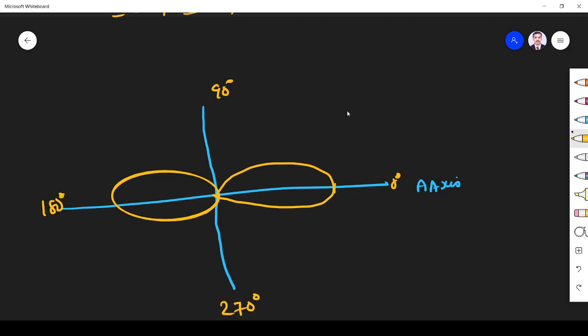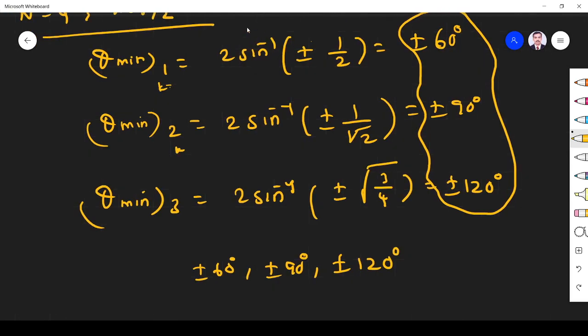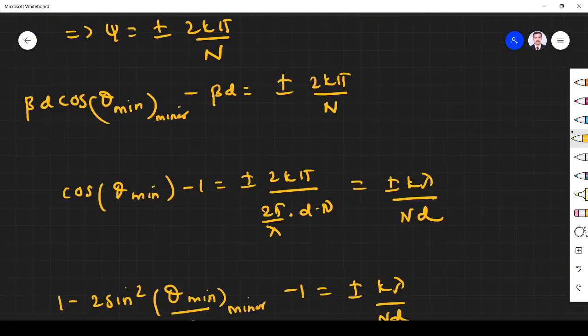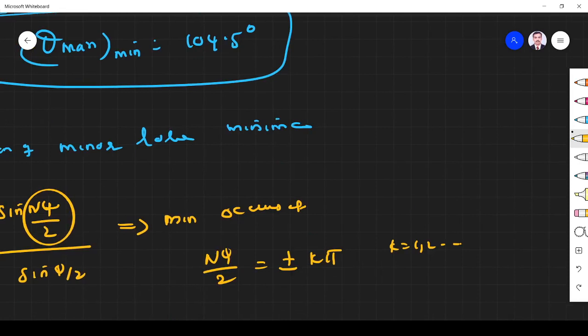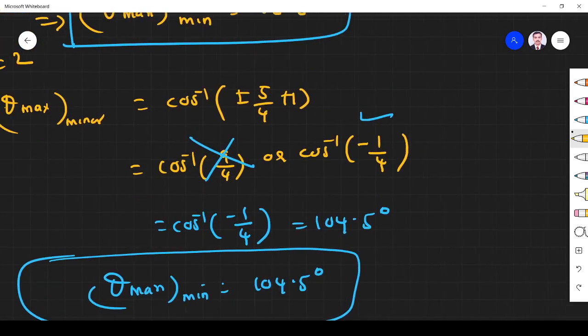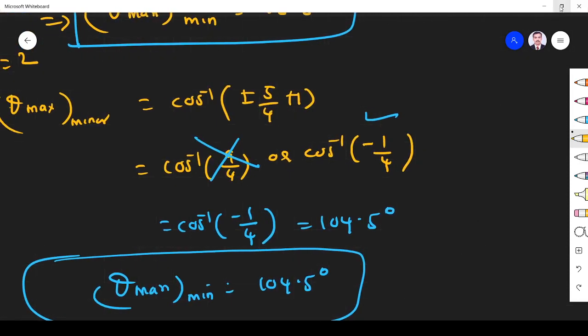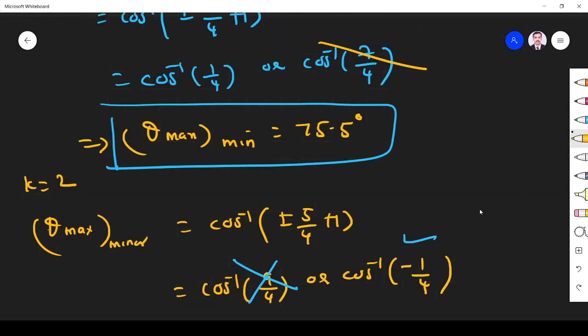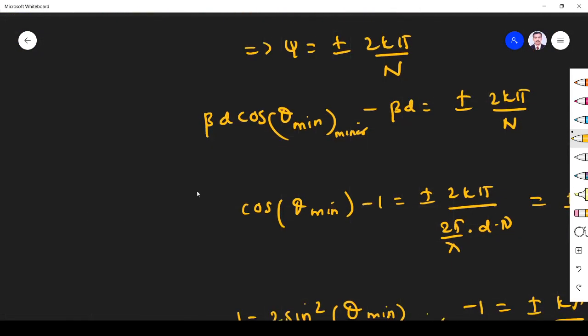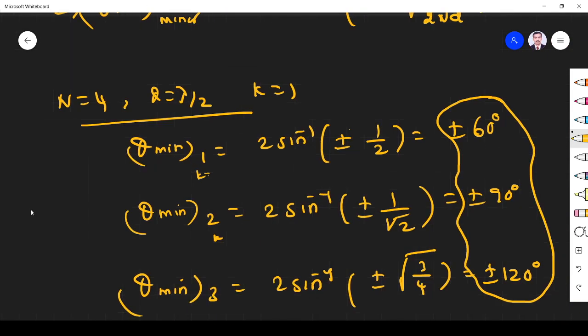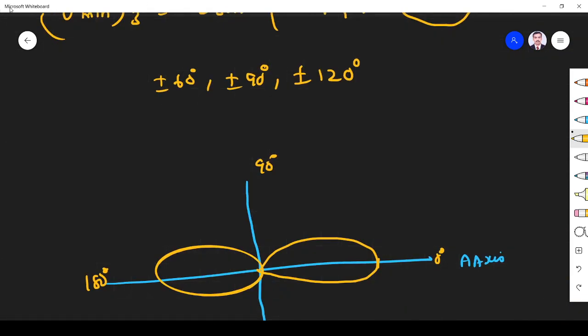We have derived that minor lobe maxima occur at 75.5 and 104.5. So we go there and draw 75.5 and 104.5.